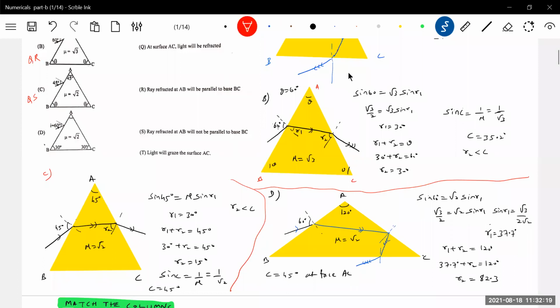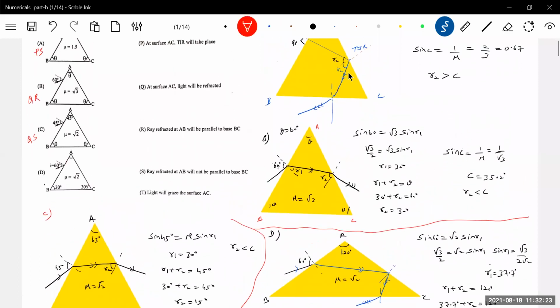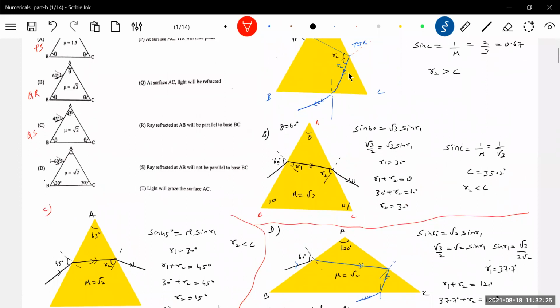What are the options? At surface AC, it will take TIR. Option P will pick up. PS.